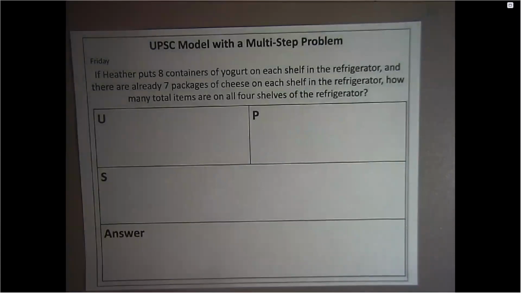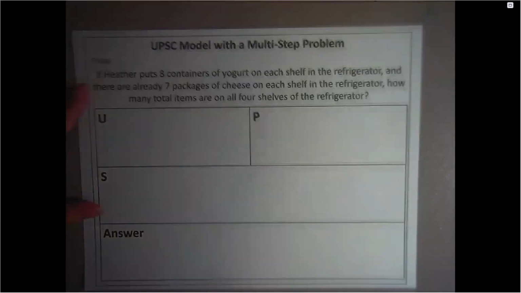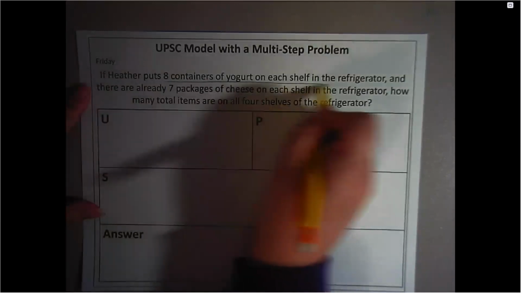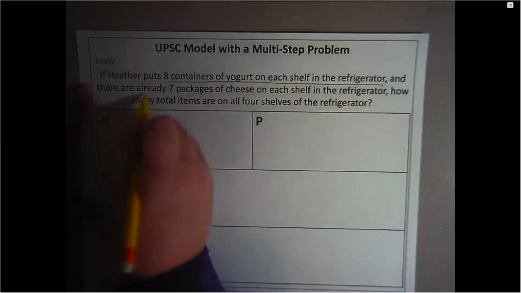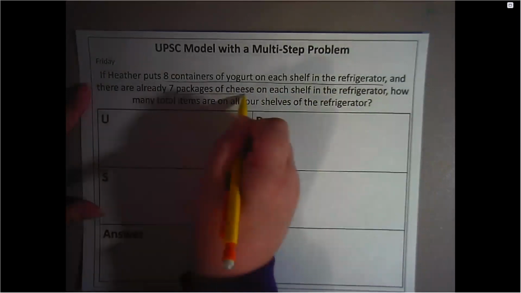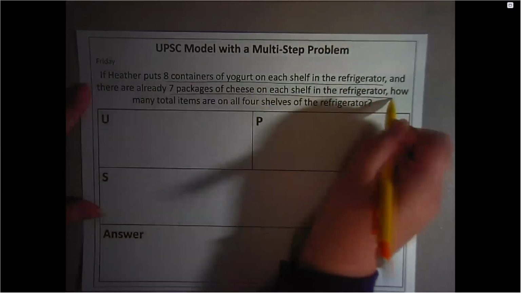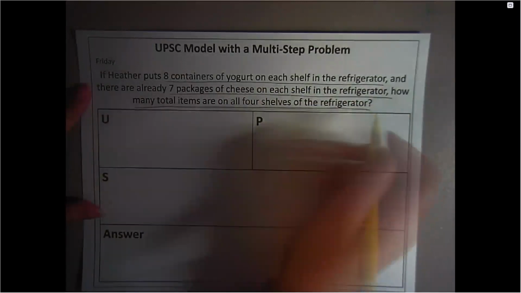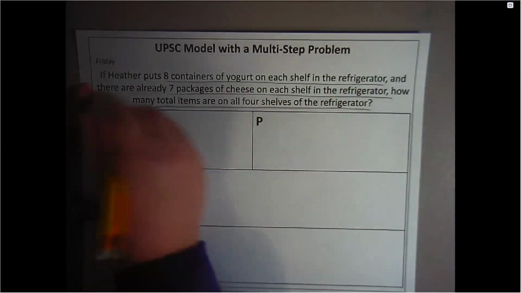And Friday, we finally made it to the end of the week. It says, Heather put 8 containers of yogurt on each shelf in the refrigerator, and there are already 7 packages of cheese on each shelf in the refrigerator. How many total items are on all 4 shelves of the refrigerator? So on a shelf, right? This is what I see.